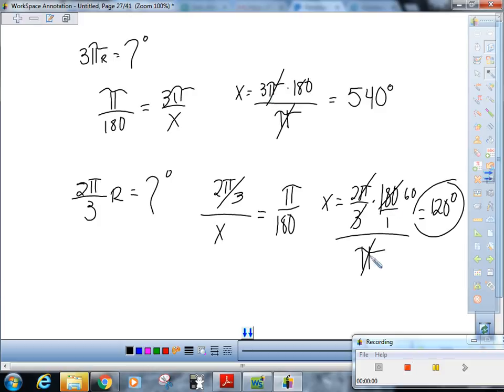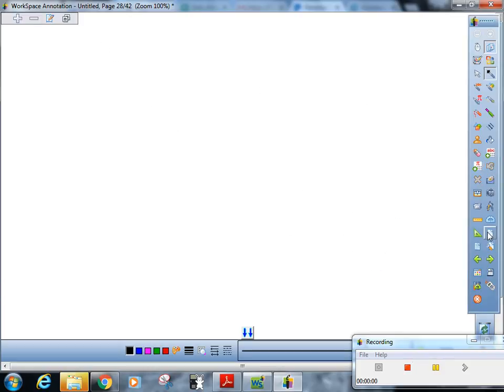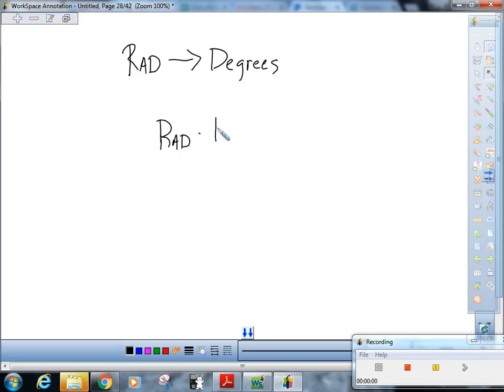Multiply by 180, divide by pi. So if we have radians and we want to find degrees, take our radians, multiply by 180, and divide by pi. Okay?